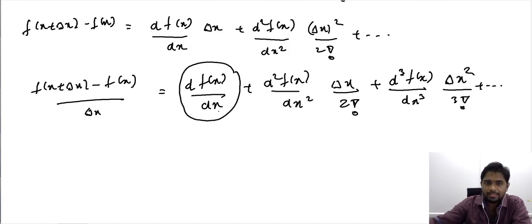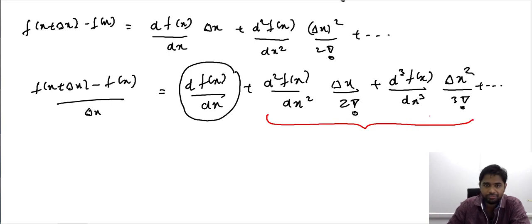So all that we are doing is primarily because we need to know the first derivative of f of x, and so we have now an expression for the first derivative of f of x on the right hand side of the equation. But unfortunately, in addition to the first derivative of the f of x, there are additional terms that are associated with it.